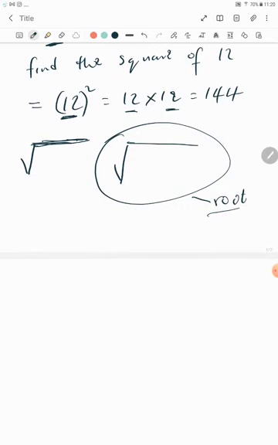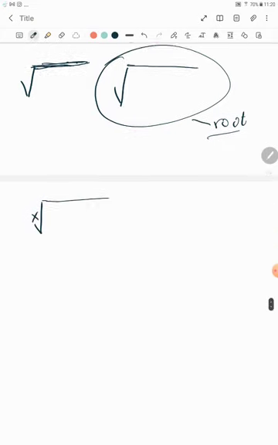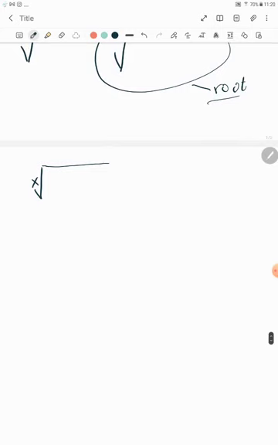Let me first show you that the roots have a symbol like this, and we don't know what x might be. If I have these roots, and the number here is an unknown, let's say y, a number whose value we don't know.